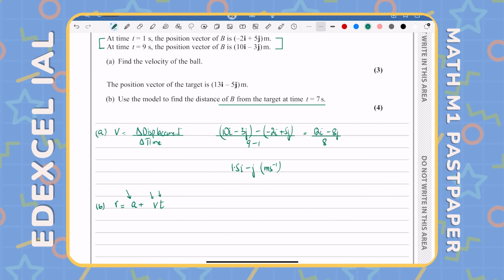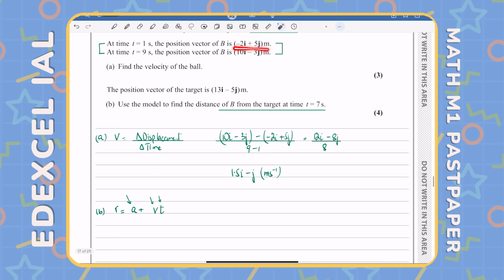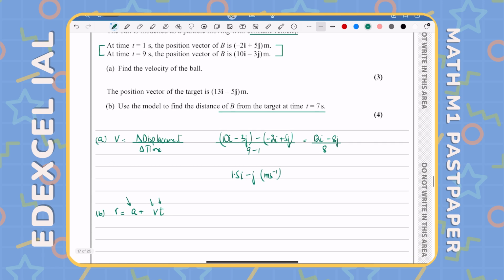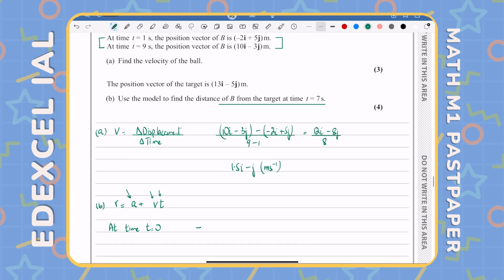Now here's what you can do. If you want to find out where the ball is at 0 seconds, you can simply see where it is at 1 second, and from that subtract the velocity vector, because every second it's moving 1.5 units towards the right and 1 unit towards the left. So let's find out where the ball is at t equals 0.